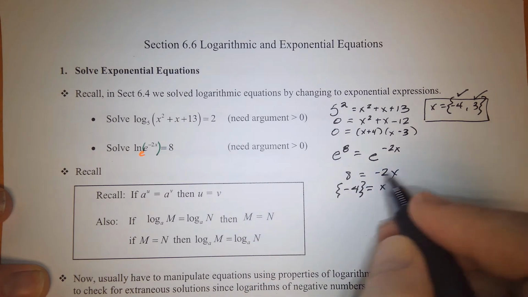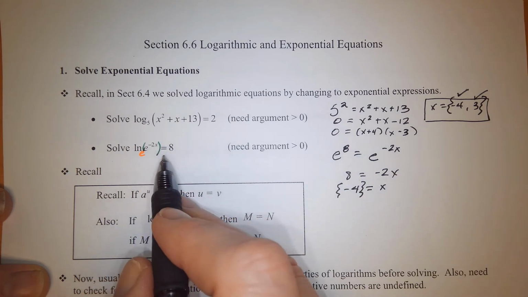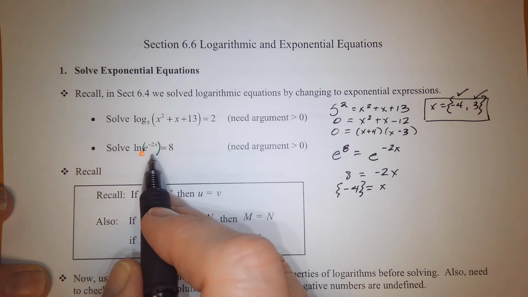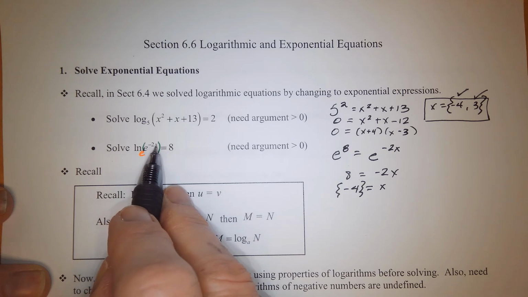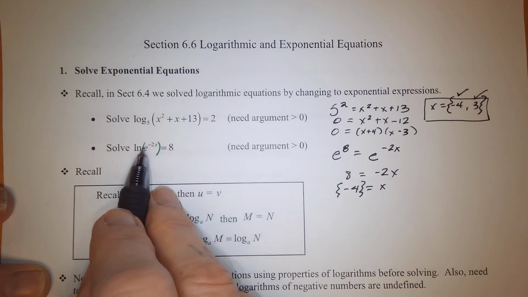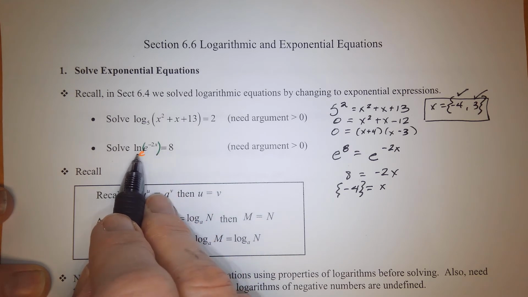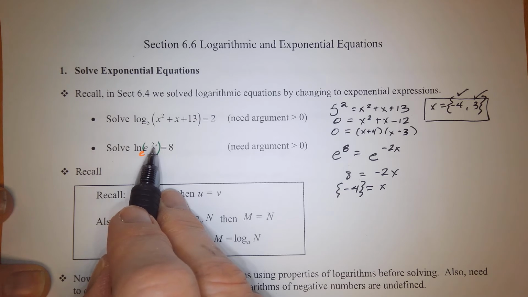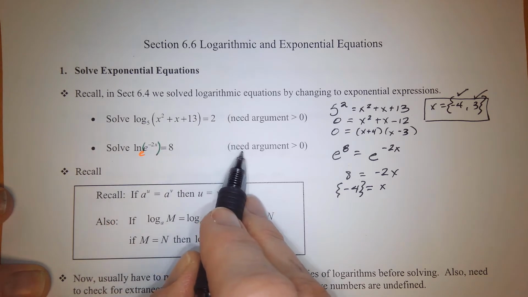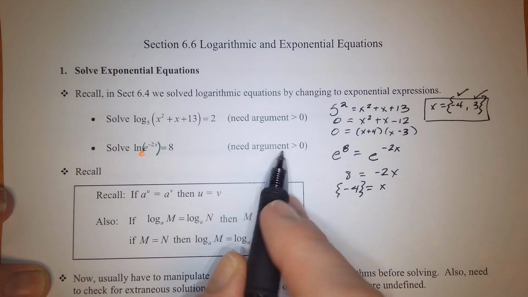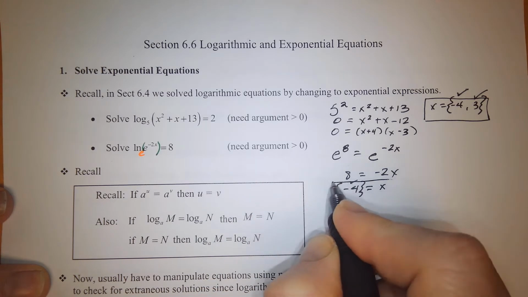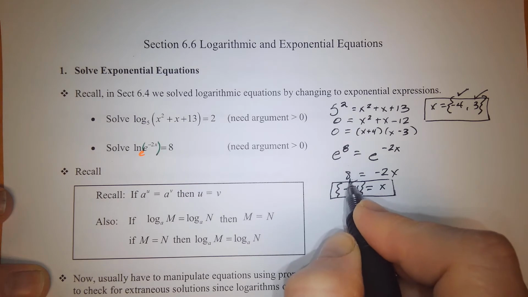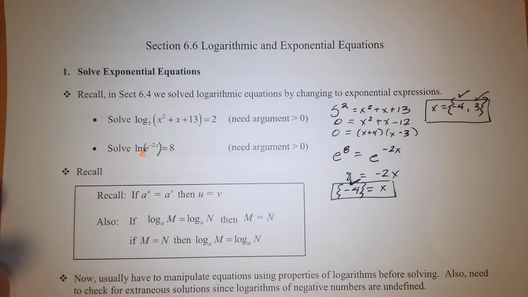So let's check negative 4 inside the argument, which is inside those green parentheses. e to the negative 2 times negative 4, well, negative 2 times negative 4 is 8. So e to the 8th power is a positive number. So that means the argument is greater than 0, and this number does check out. So this would be the only solution.